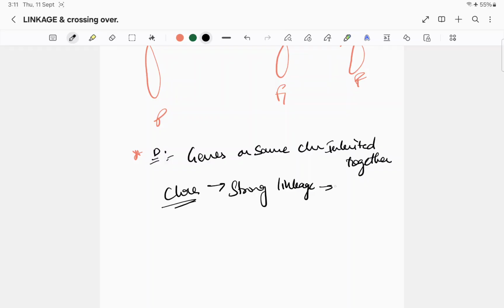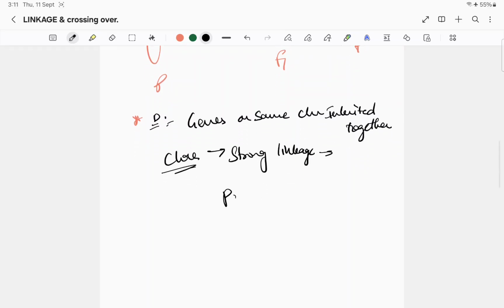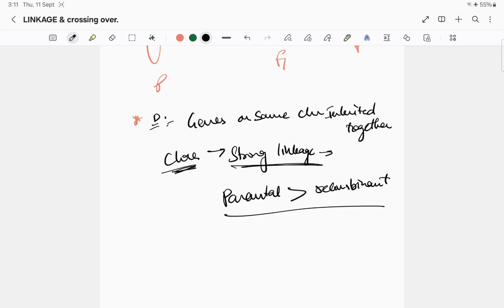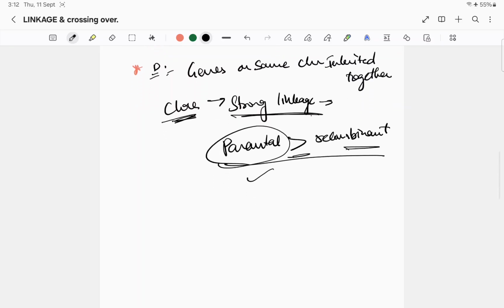If strong linkage is there, the parental frequency will be more compared to the recombinants. Strong linkage generally means parental combinations will be greater compared to the recombinant ones.